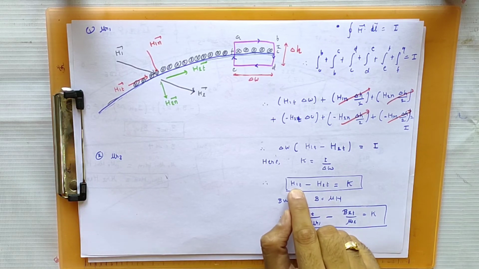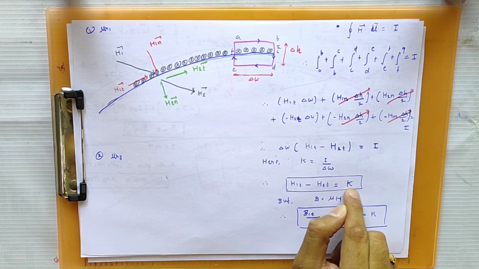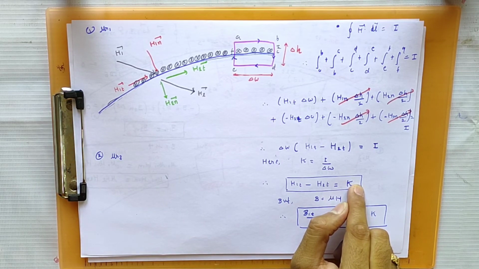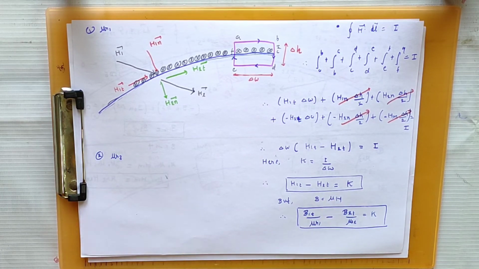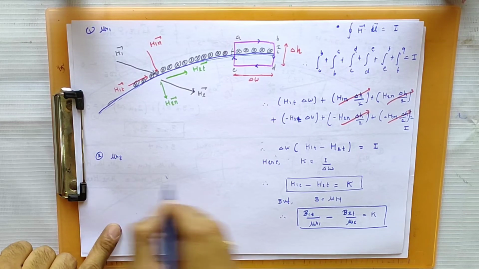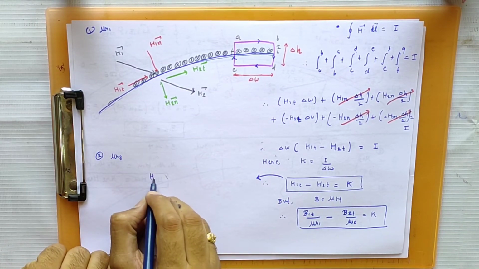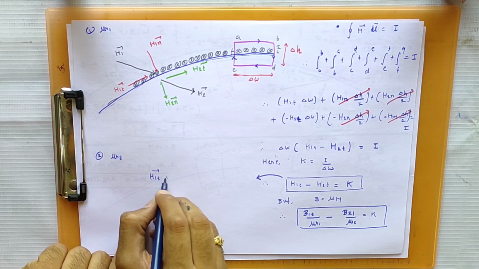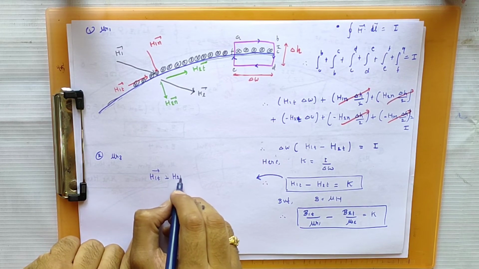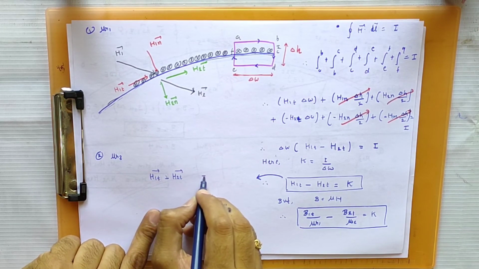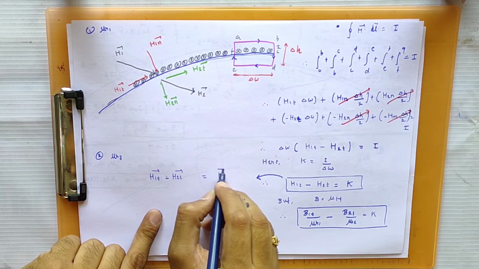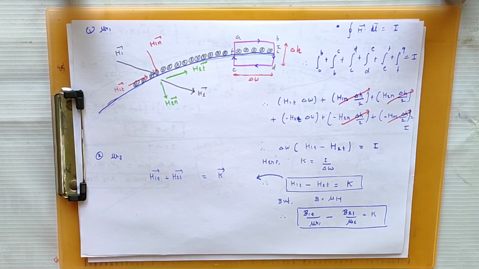See here, H1T minus H2T is equal to K. I have written this as a scalar quantity, but if I want to write it as a vector quantity, I'll write this equation again. In terms of vectors, H1T vector minus H2T vector is equal to K vector, because surface current density is also a vector quantity.